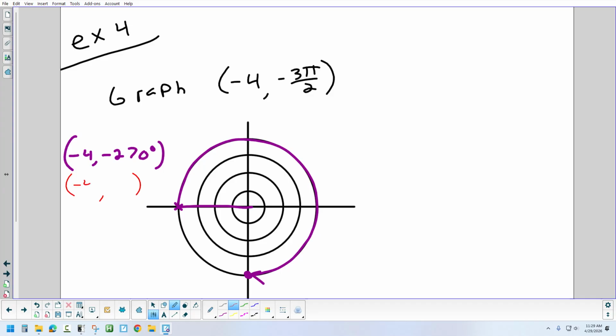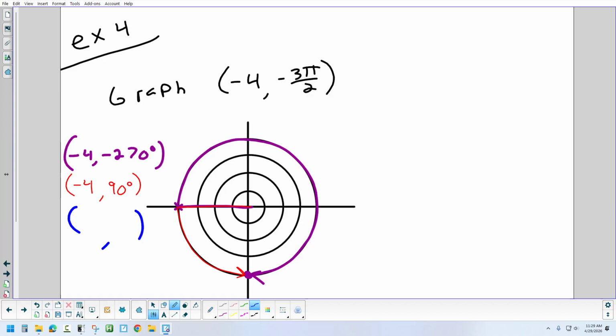Negative 4, 90. Oh, wait, did I do that wrong? No, you can do -4, but you're going to have to change what you said a little bit. 90 degrees, yeah. So -4, 1, 2, 3, 4. 90 degrees. Counterclockwise. Yep.